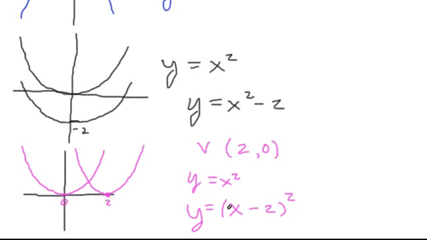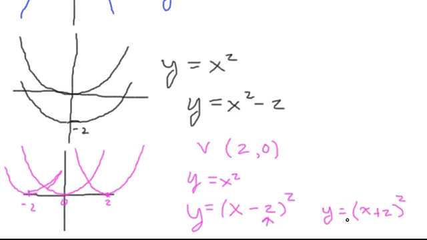If I were to shift it 2 units back in this direction to negative 2, then in this number right here, we're shifting it negative 2. So this would become y is equal to, we're going to plug a negative 2 in, and a minus and a minus is a positive, so you get x plus 2 squared.